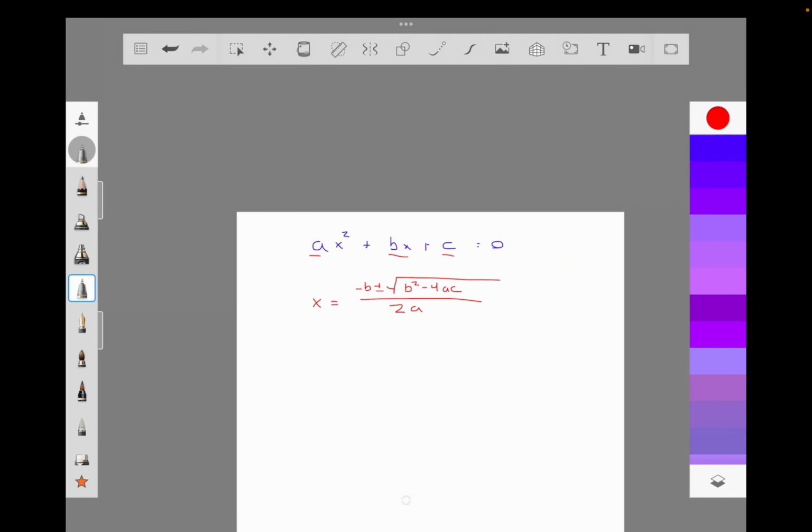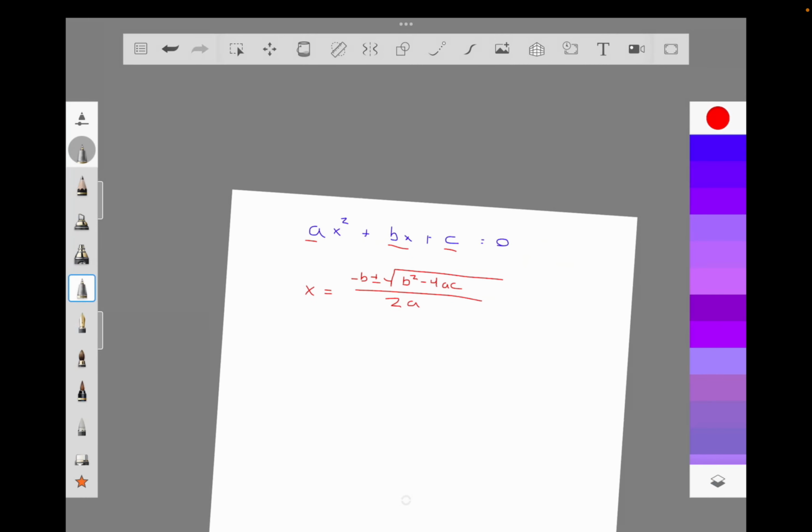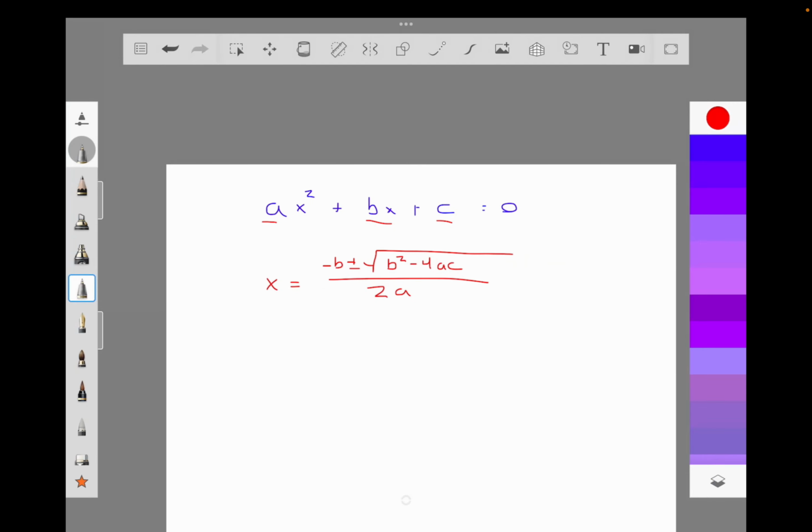And that would be your x's for your quadratic here.